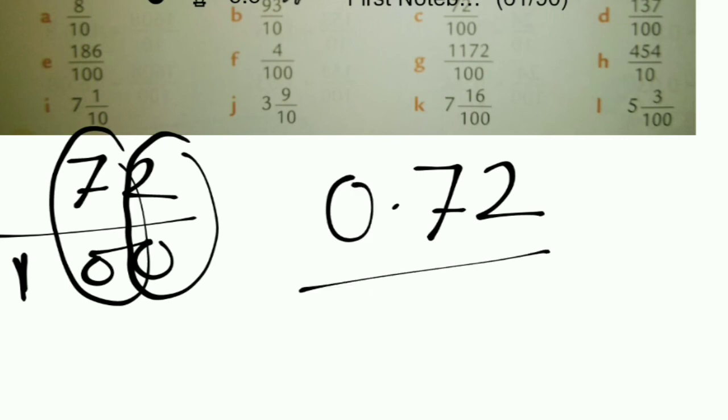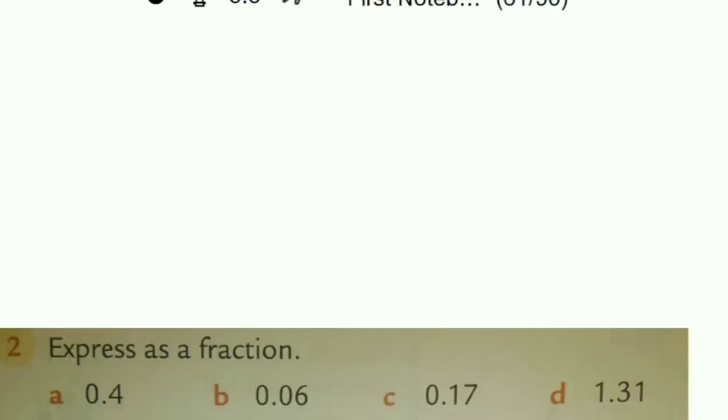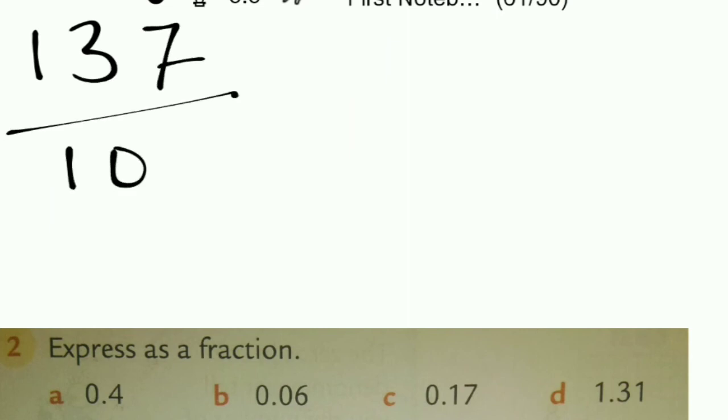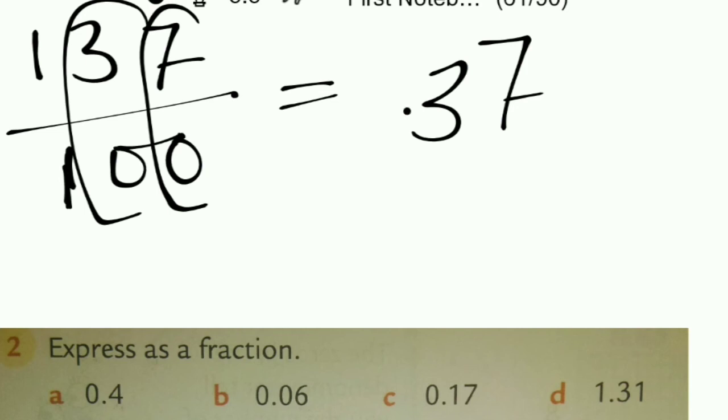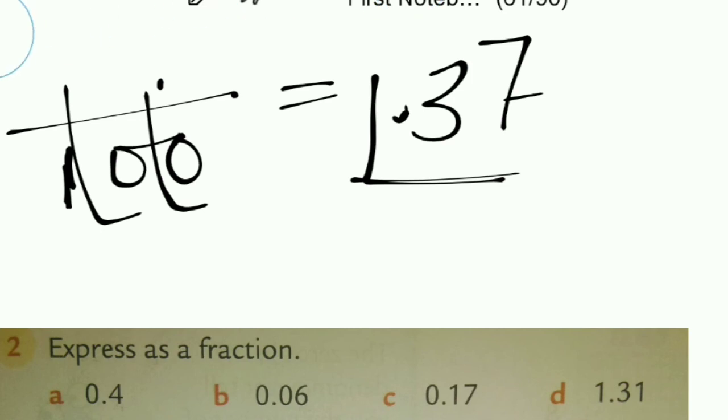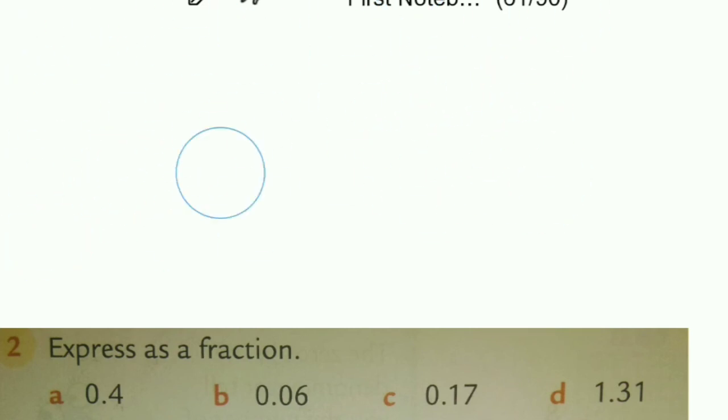So 0.72. Next is 137 upon 100. 7, 3, and this 1 means decimal. And the answer will come 1.37.